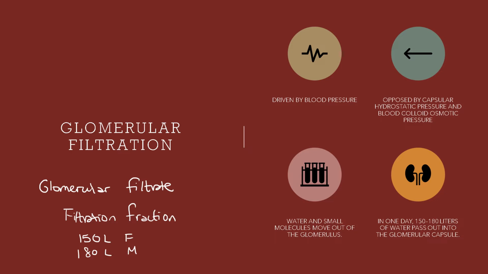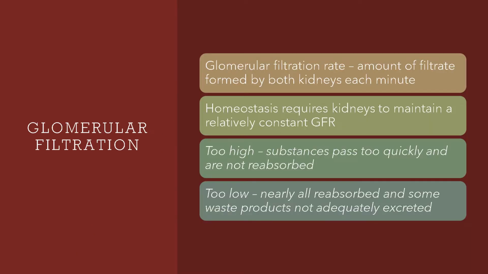So really only about 1 to 2 liters is excreted in urine. The amount of filtrate formed in all renal corpuscles of both kidneys each minute is called the glomerular filtration rate. This is also abbreviated GFR.